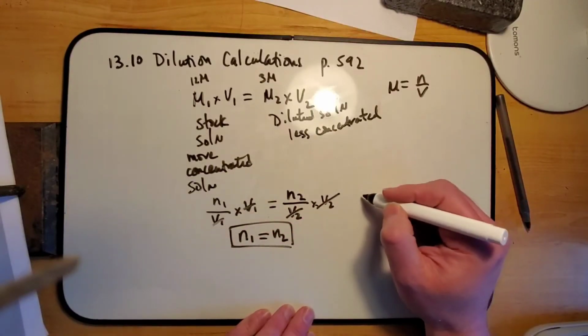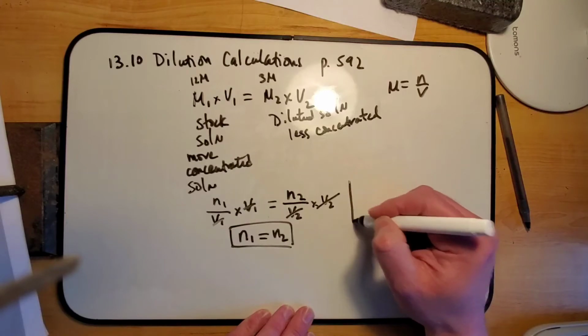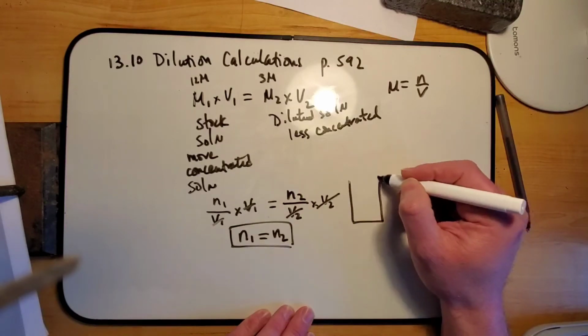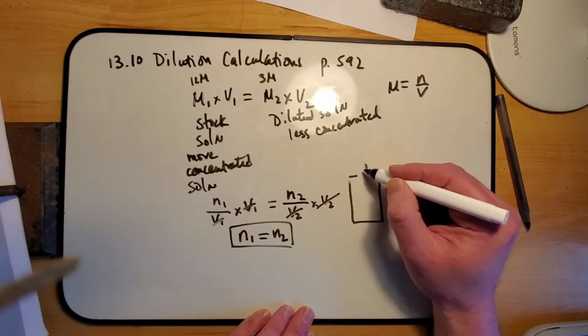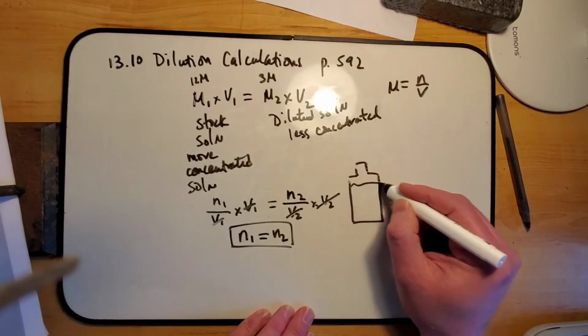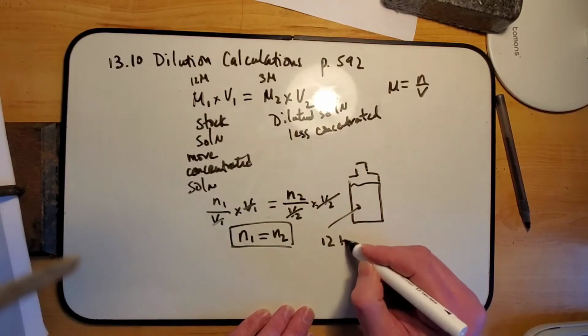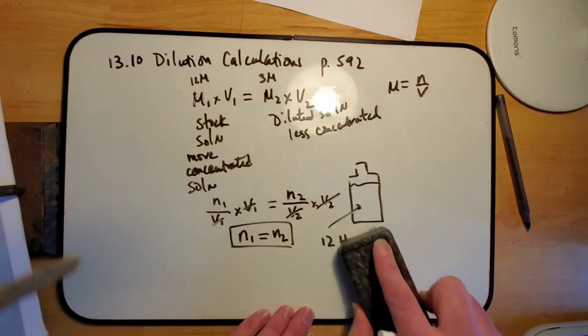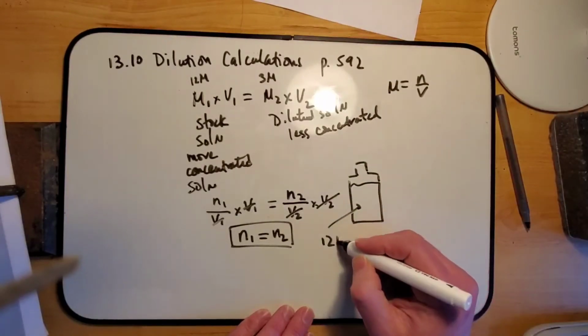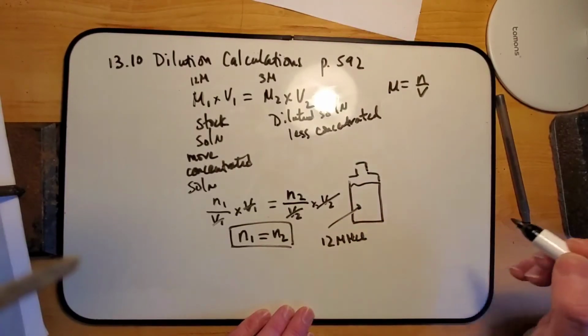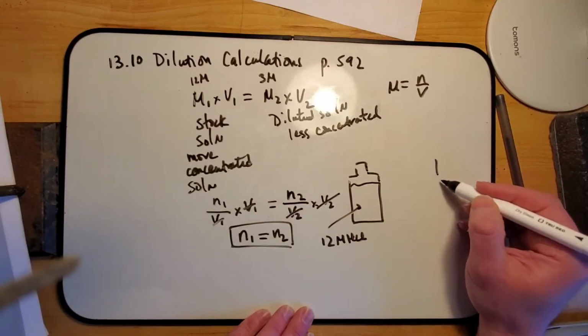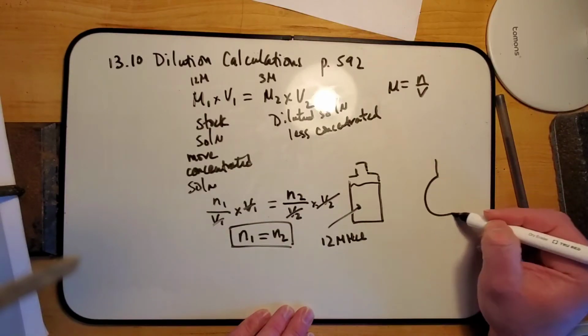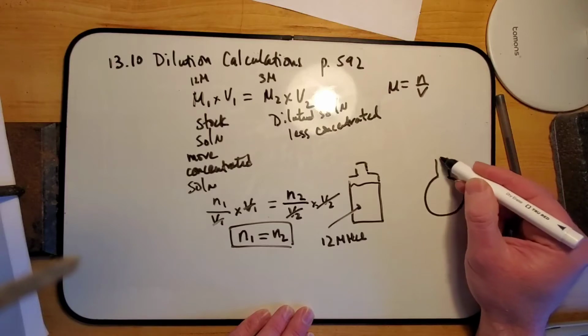Now, to prove that, let's say we have a bottle of concentrated HCl. We've got this bottle here, and this concentrated HCl is a 12 molar solution of HCl. And let's say we have this volumetric flask, which is exactly 100 ml.